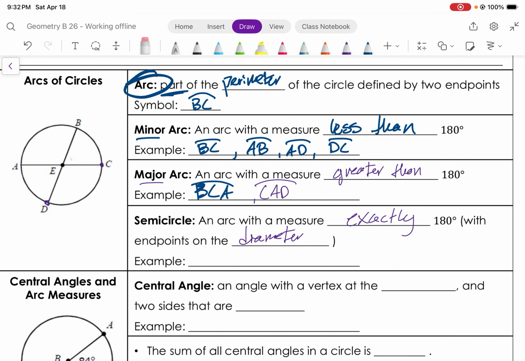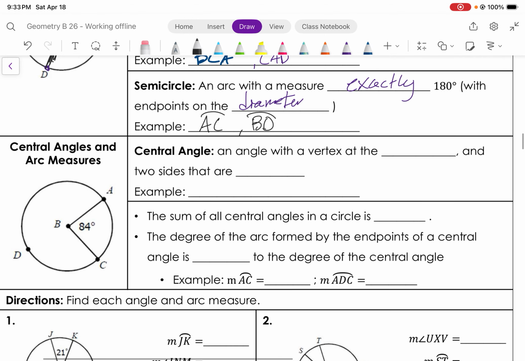And so for this circle, we actually have 2 diameters. We have that one going across, and we have this one going horizontal. And so an example of a semicircle, we could say AC with an arc, or BD with an arc. Okay, but it's the endpoints of the diameter that end up making the semicircle.